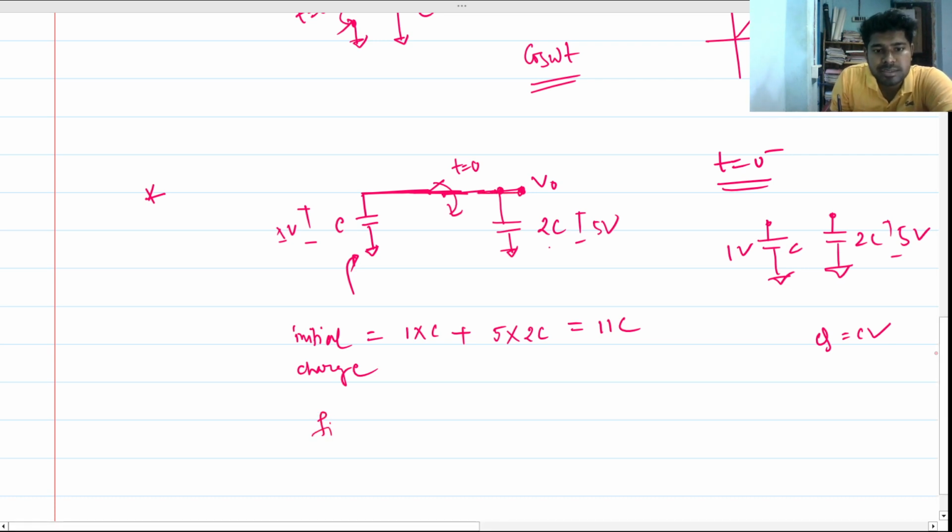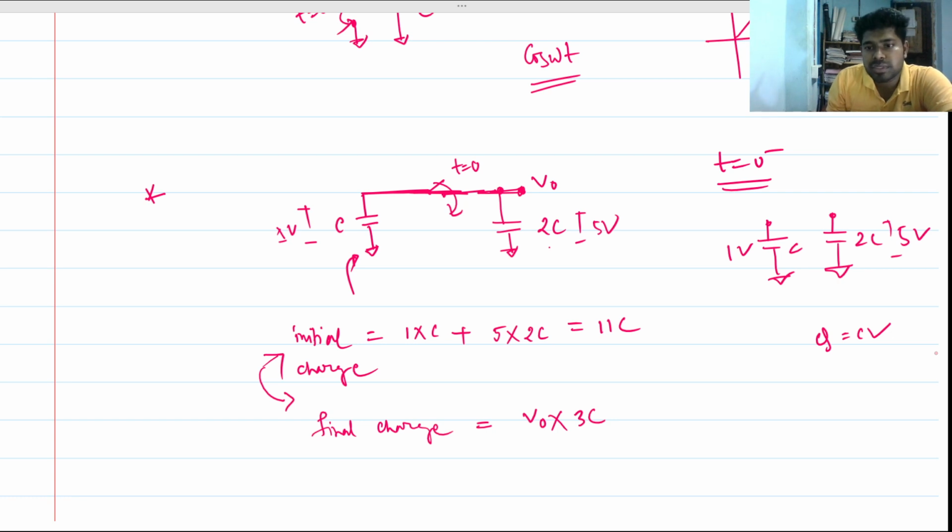The equivalent capacitance will be this plus this, so 3C. We know that the initial charge equals the final charge, so 11C equals V naught into 3C. So V out is nothing but 11 by 3 volts. This was exactly the correct answer.